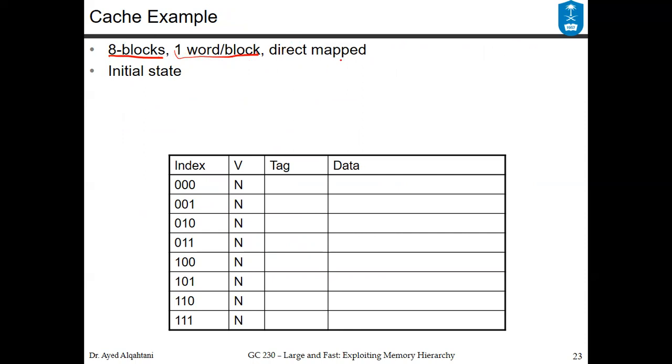And we use direct mapping. So in the initial state, for each of the 8 locations from 0 to 7, you have a valid bit, and initially they are all 0, so there is nothing present in the cache, and there is the tag that we need to store, and the data.